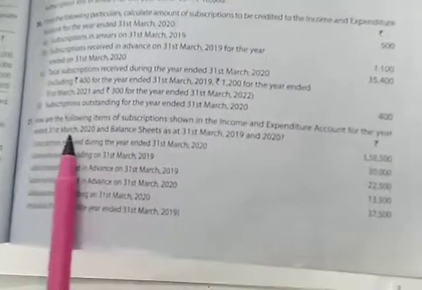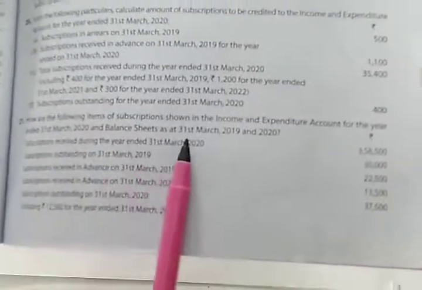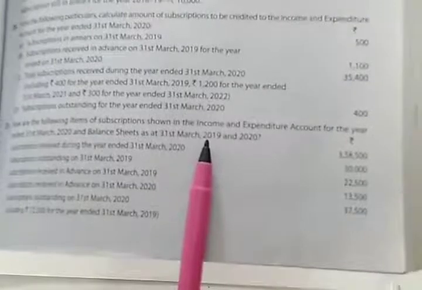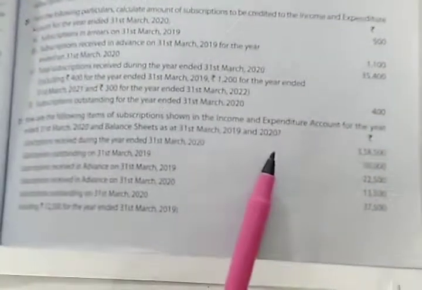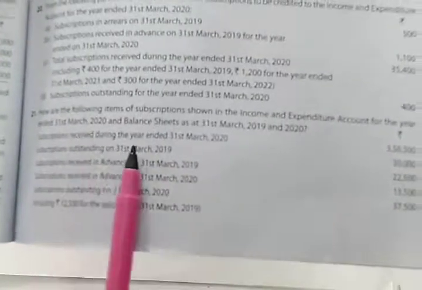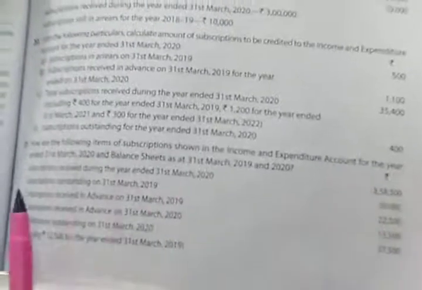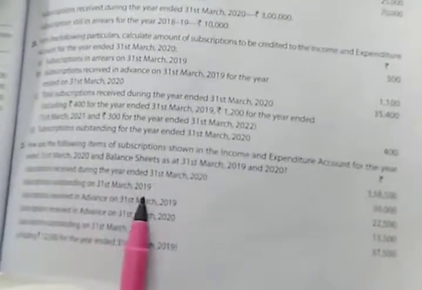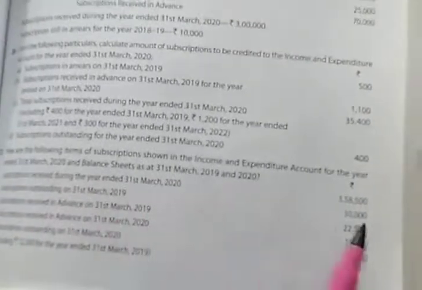So our current year is ending on 31st March 2020, and the balance sheet on 31st March 2019 and 2020 means you need to show the details in the balance sheet also. First item is subscription received during the year, 3,58,500. Subscription outstanding on 31st March 2019, so outstanding in the beginning, is 30,000.